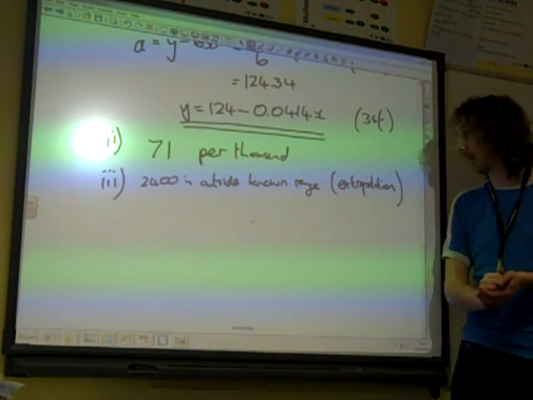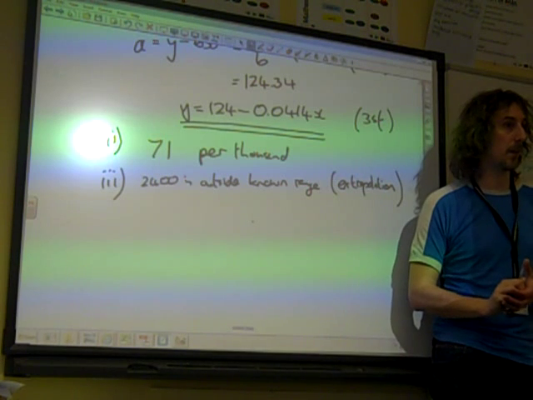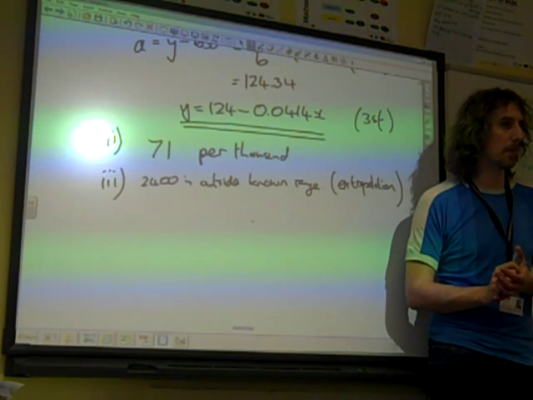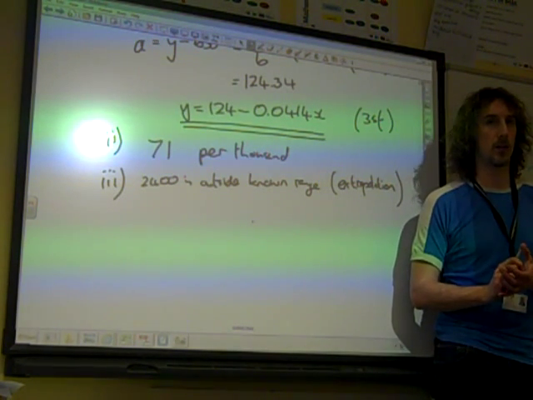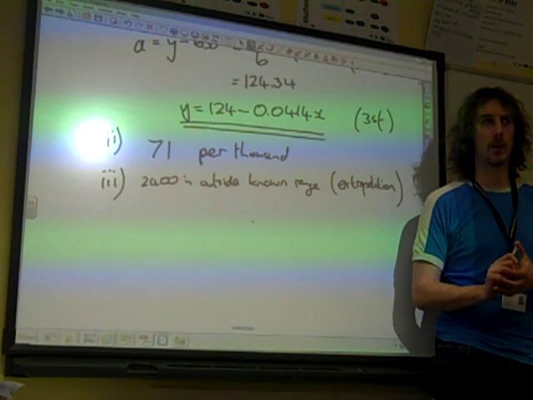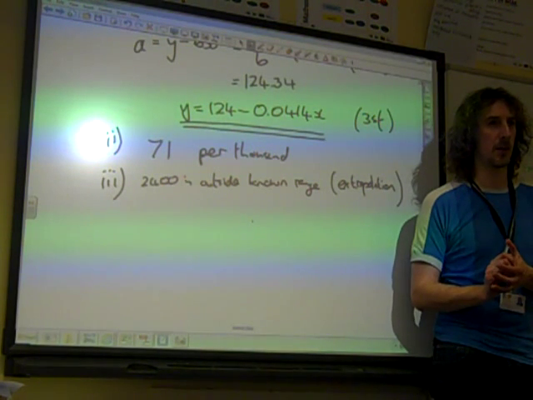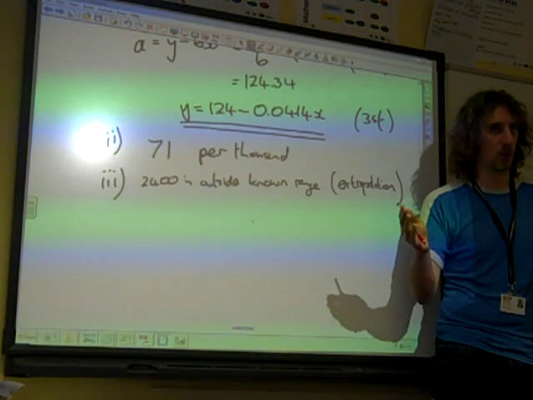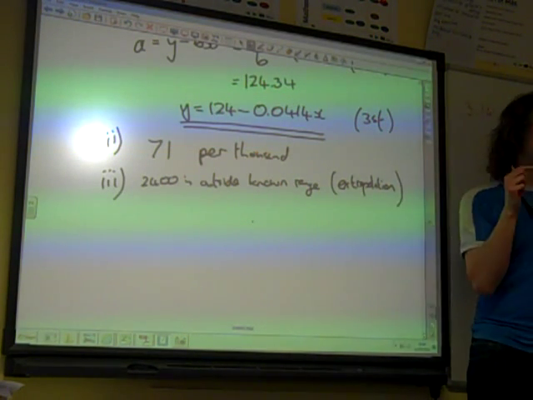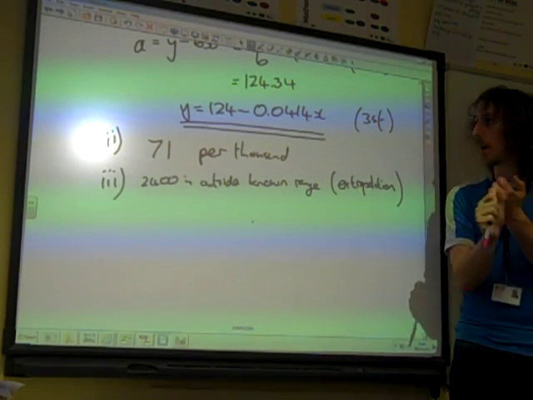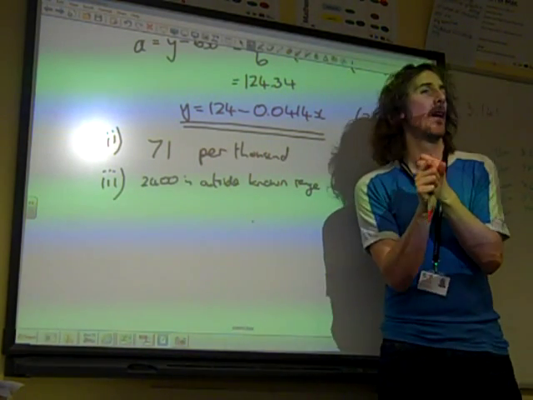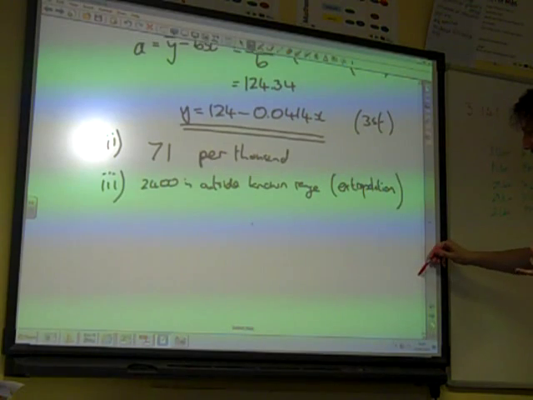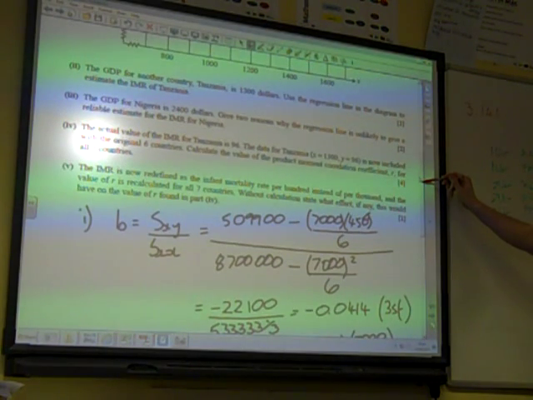I think, as I was marking your attempts at this, there were a few people who couldn't quite remember the word extrapolation, and so went for some weird and wonderful variations on that word. Most of them had an E at the start of them, but that was about as close as it got. We need another reason, because there are 2 marks here. So that, and it is therefore looking for 2 reasons.